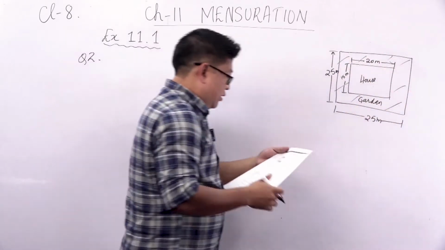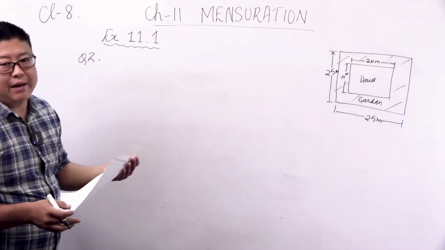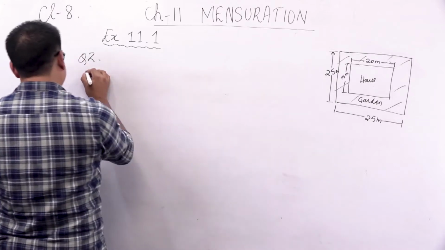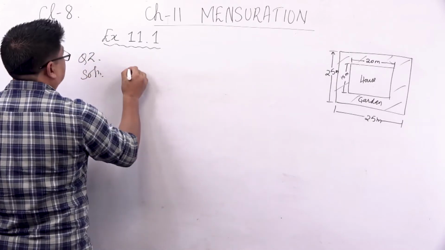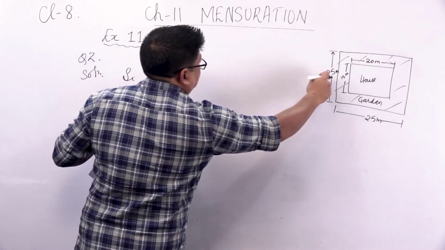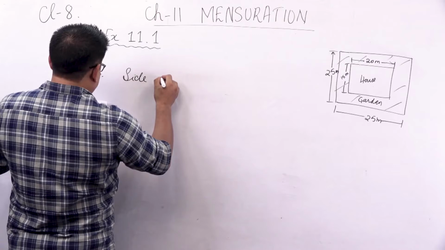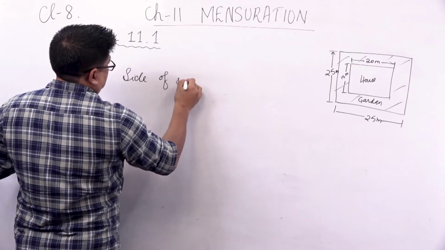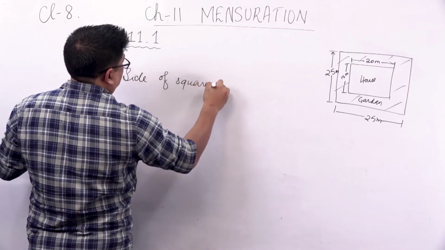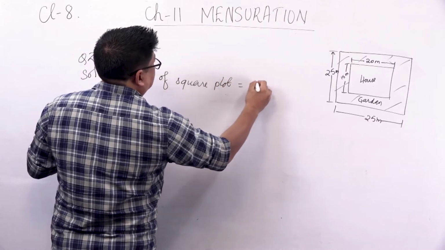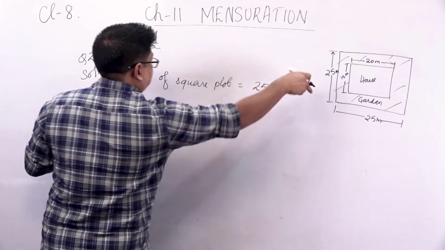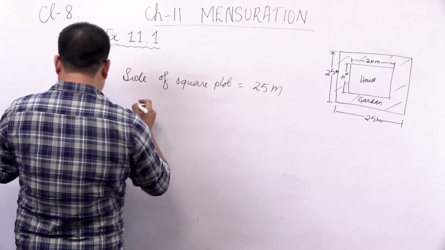Right? So, the first step for us will be to write down the given. Now, this plot is 25, 25. That means it is a square. So, side of square plot is equal to 25 meters. Okay. All the sides are equal to 25 meter.